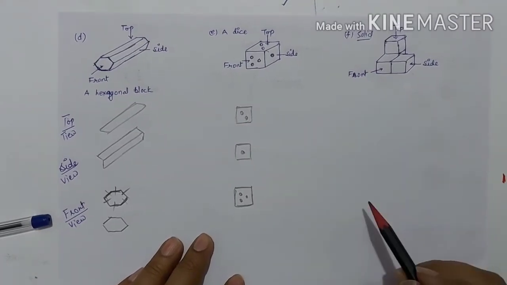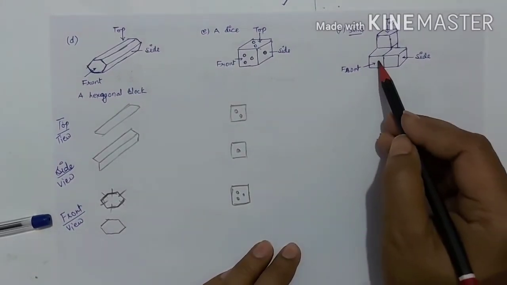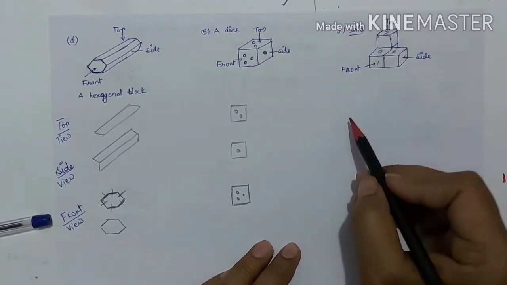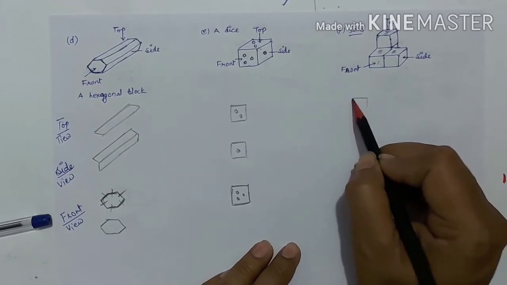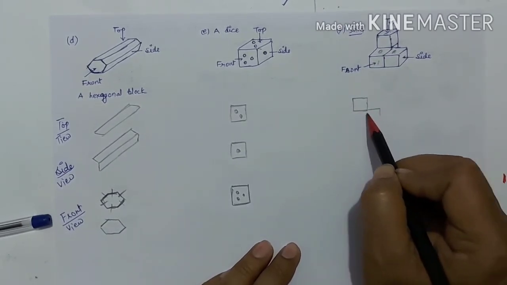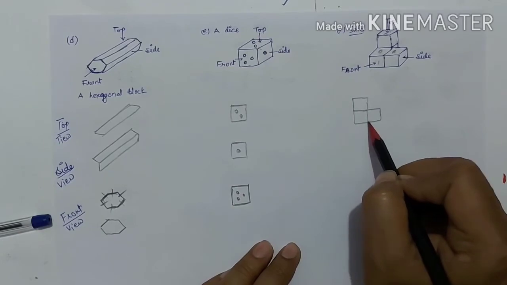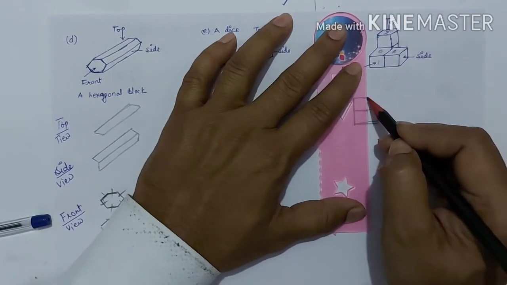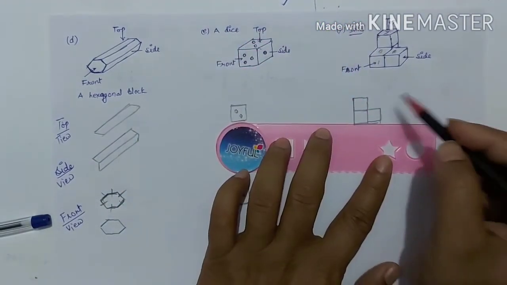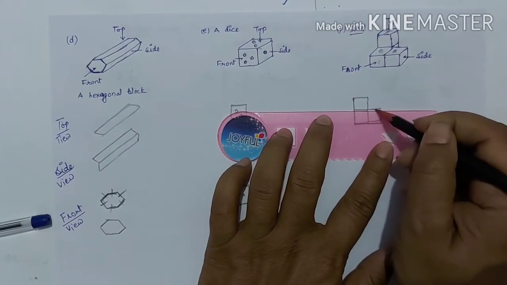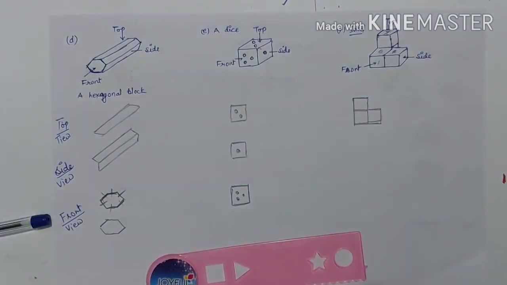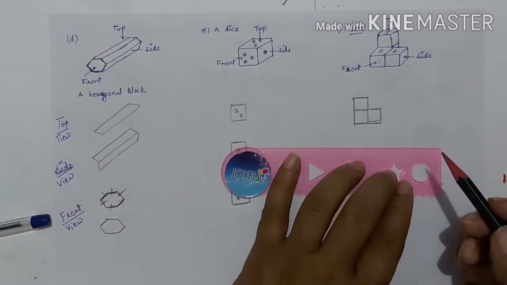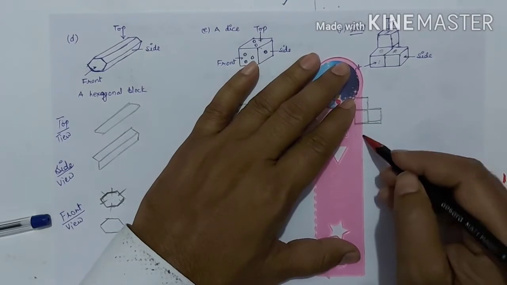Okay, now again, the solid. First will be top, 1 2 3. This is the top view. The 3, the first and 2, they will draw with this ruler, not only a rough diagram. The top view. Now second is the side view, 1 and 2. So you have to draw 2.